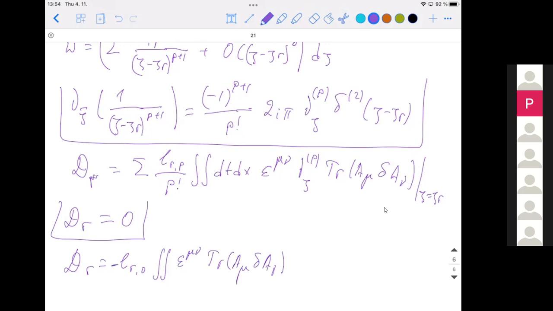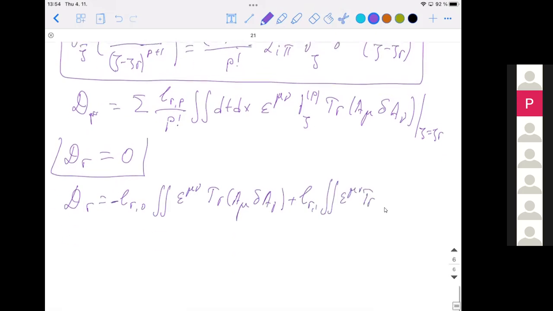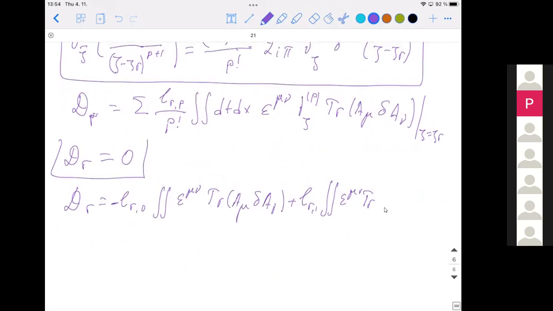And then the next order is plus mu trace. Now we need to take the derivative: delta z A mu delta A mu plus mu delta z delta A mu at zeta r.